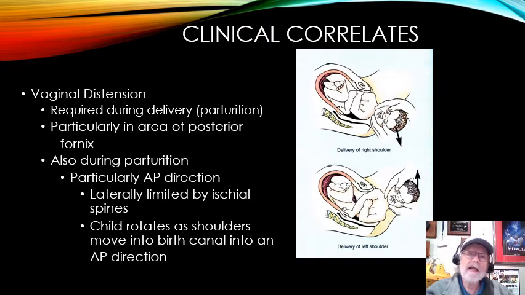Okay, again, the important correlate here is that the vaginal tissue, the mucous membrane, is very stretchable. Also, during pregnancy, a number of hormones are produced, and some of those hormones increase the level of stretch of things. That's why low back pain, arch pain, things like that have to do with both the weight of the fetus and the uterus.